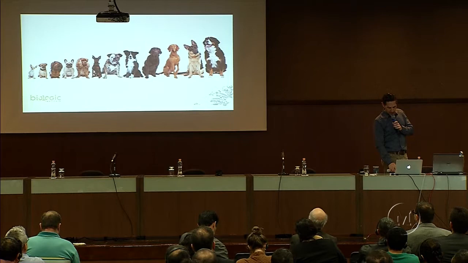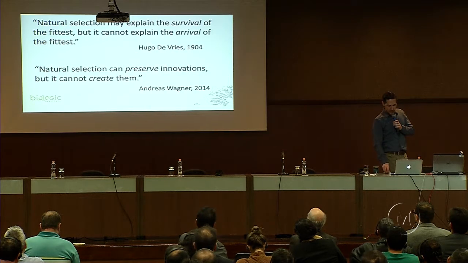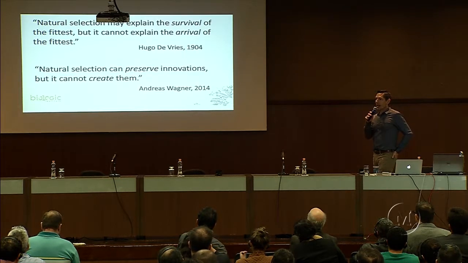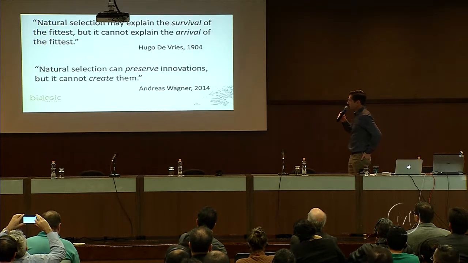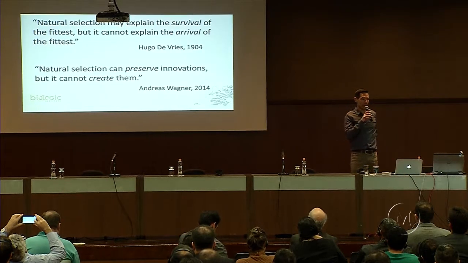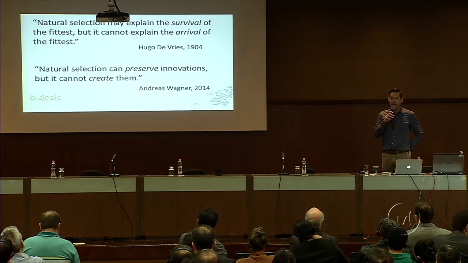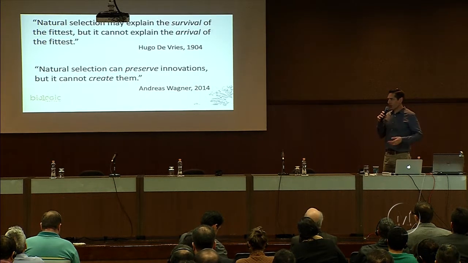This is actually not new. The idea that natural selection does not explain invention has been around for a long time. People have been saying it ever since Darwin's day, and yet it keeps being ignored, so people have to re-say it over and over and over again.